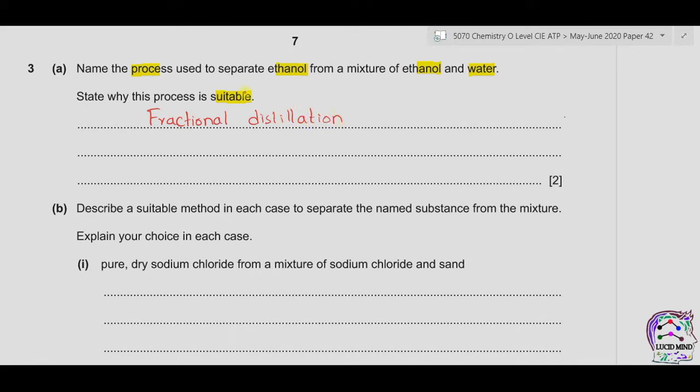And this process is suitable because the boiling point of ethanol is different from the boiling point of water. Ethanol boils at about 78 degrees centigrade while water boils at around 100 degrees centigrade. So therefore these two can be separated by fractional distillation.